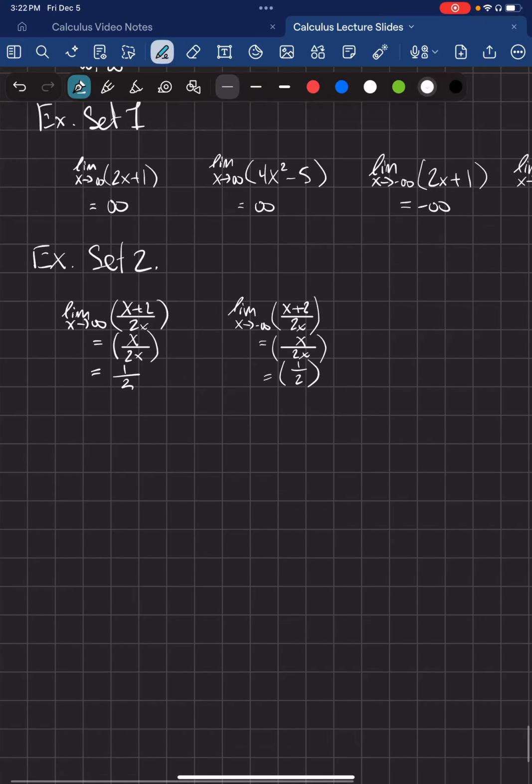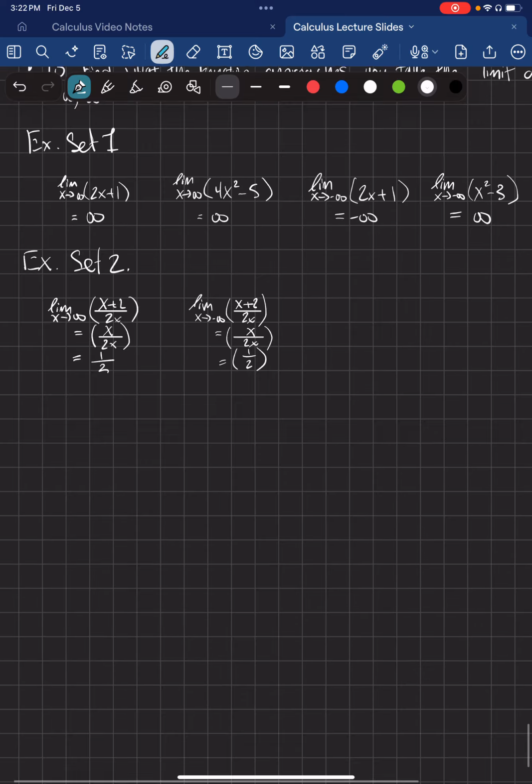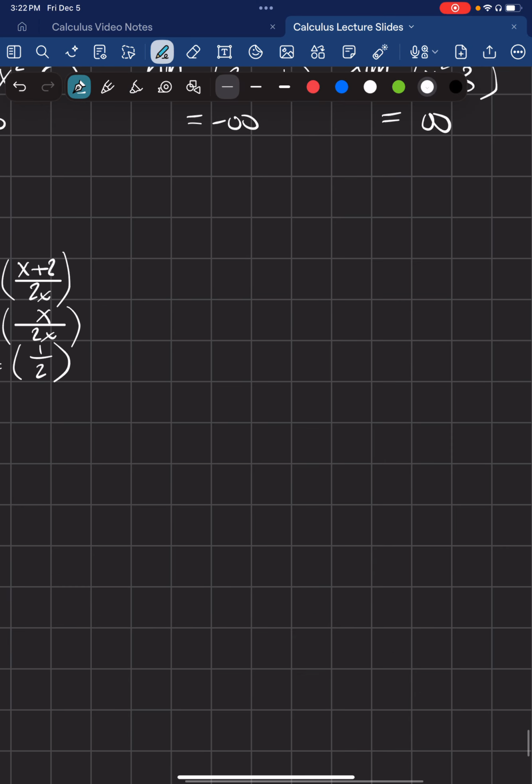Now, see another good problem here. Let's go with the limit as x approaches infinity of, let's say, the function. What would be a good one?